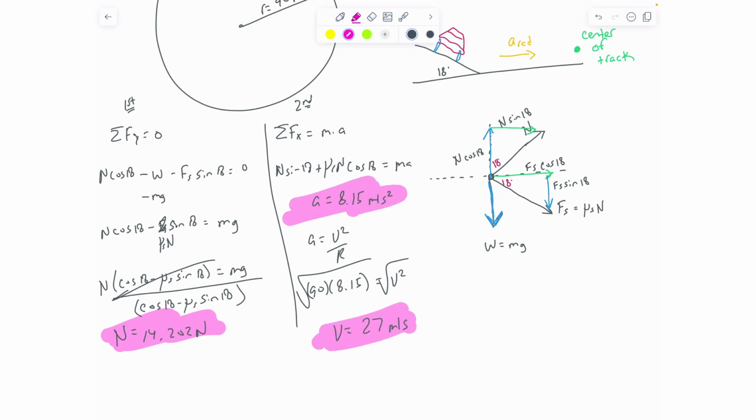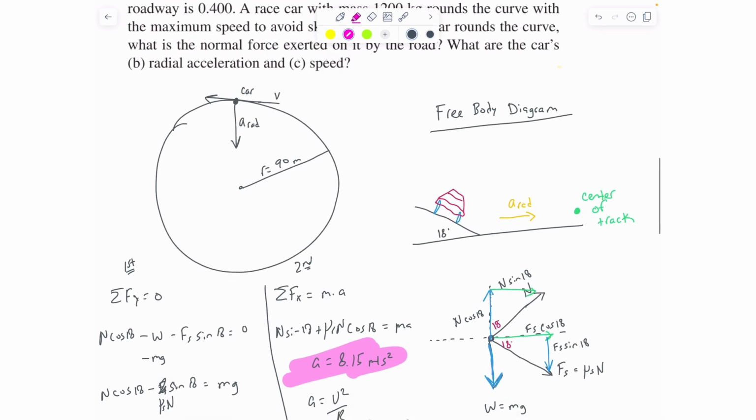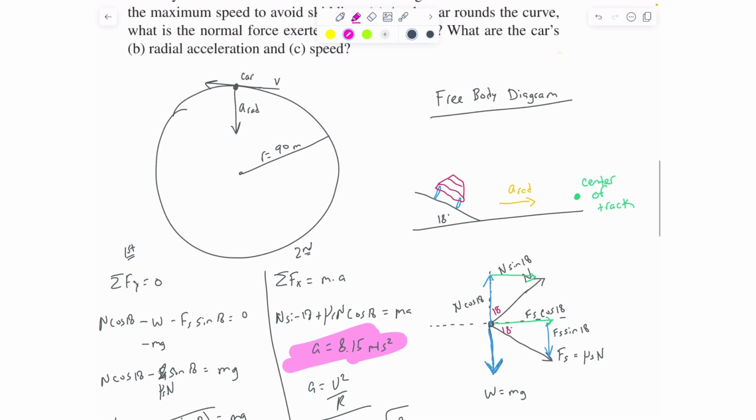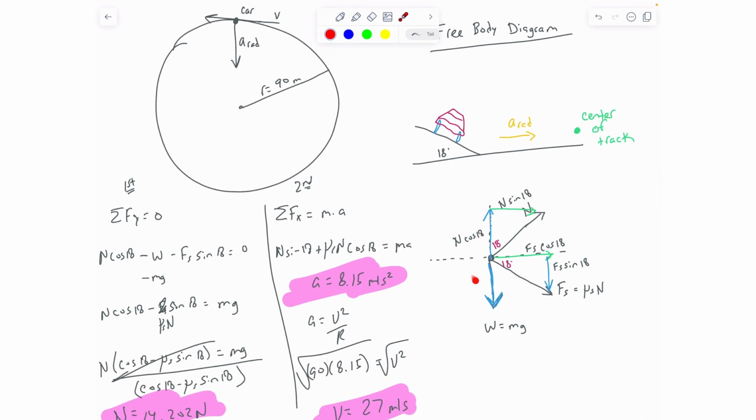Okay, so just in recap, what we did was we looked at this car, and we put it on an 18-degree embankment, and the trick of the problem is to do your free body diagram like this. Make sure the normal force is going this direction. Make sure the force of static friction is going in this direction.